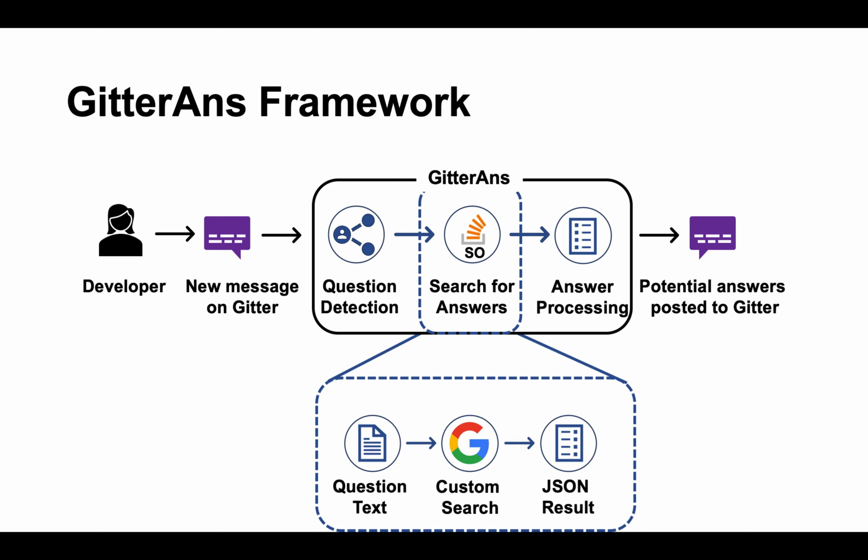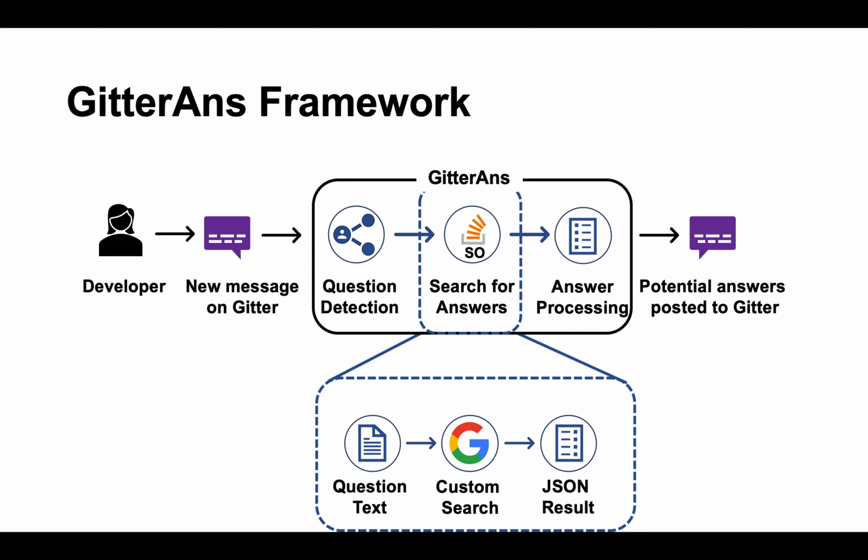In our search for answers component, we take the original message posted by the developer and send it as a query to a custom Google search that searches on Stack Overflow and returns a JSON result with the top posts from Stack Overflow that are found to be related to the original message.